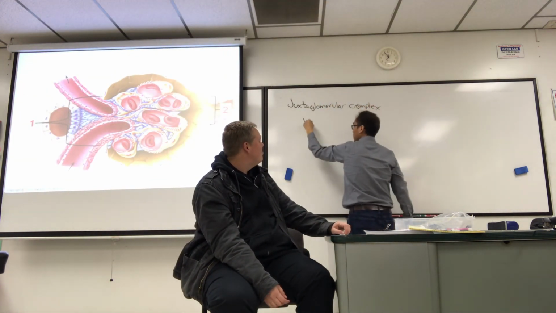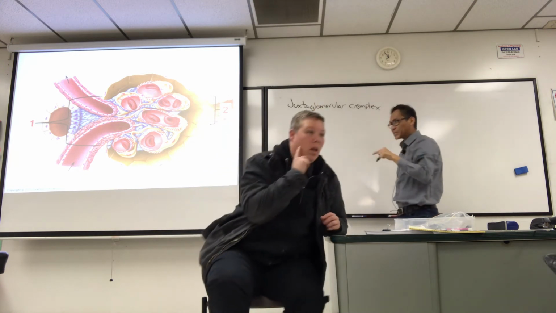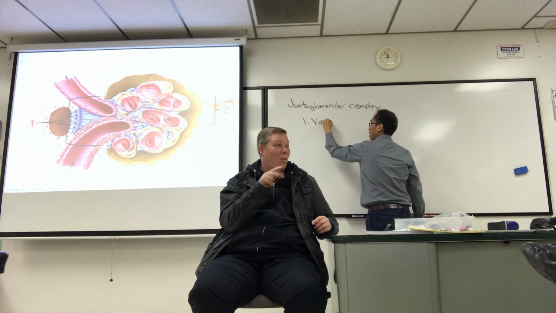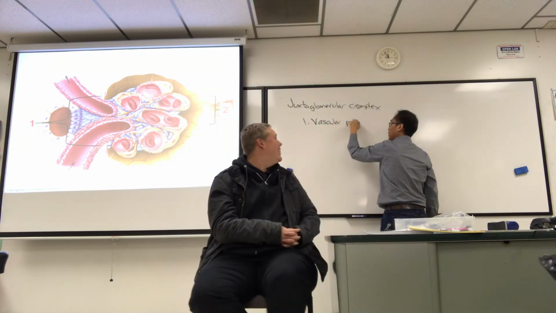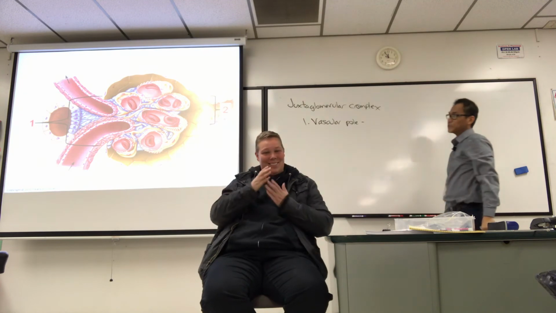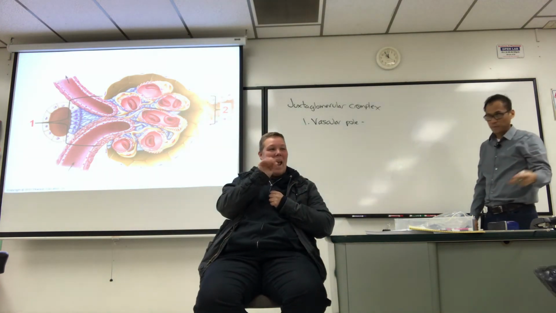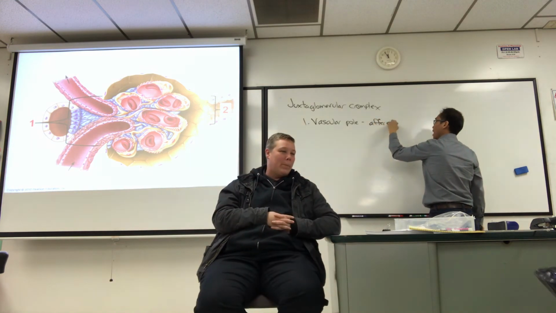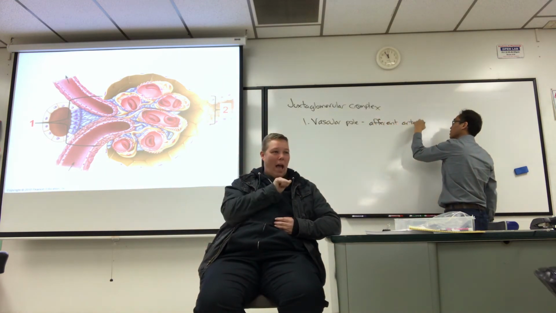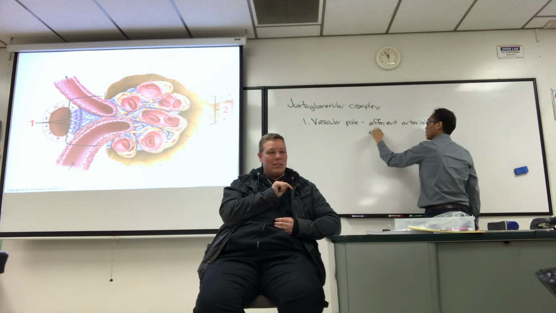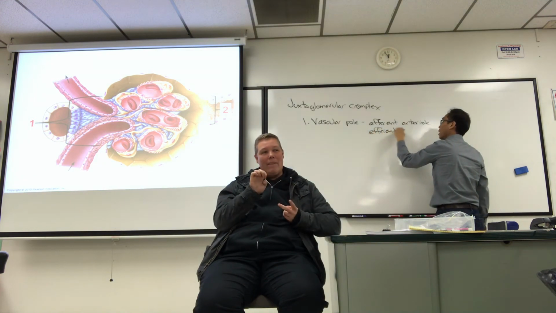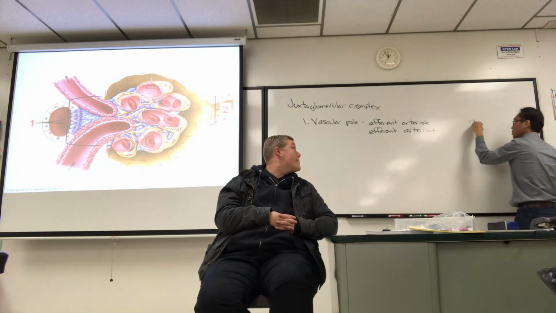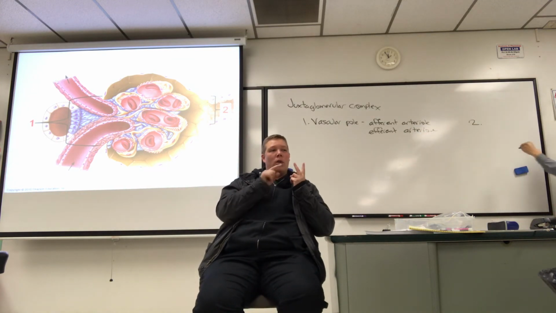Well, anyway, on this slide, the number 1, I want you to call that the vascular pole. Because at that side, you can see the afferent and the efferent arteriole. Be able to identify afferent arteriole, efferent arteriole. And the other side, number 2, that's the tubular pole.